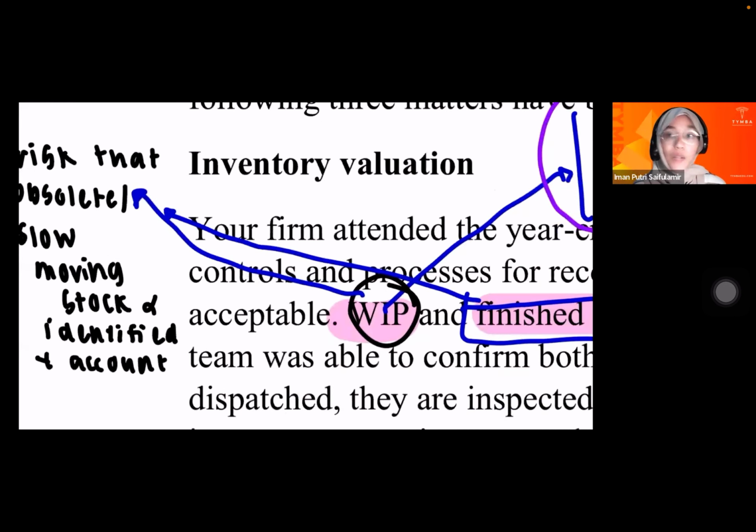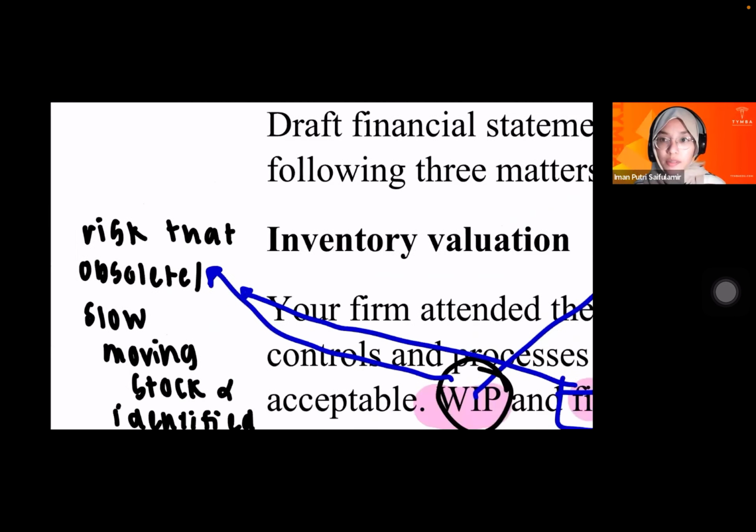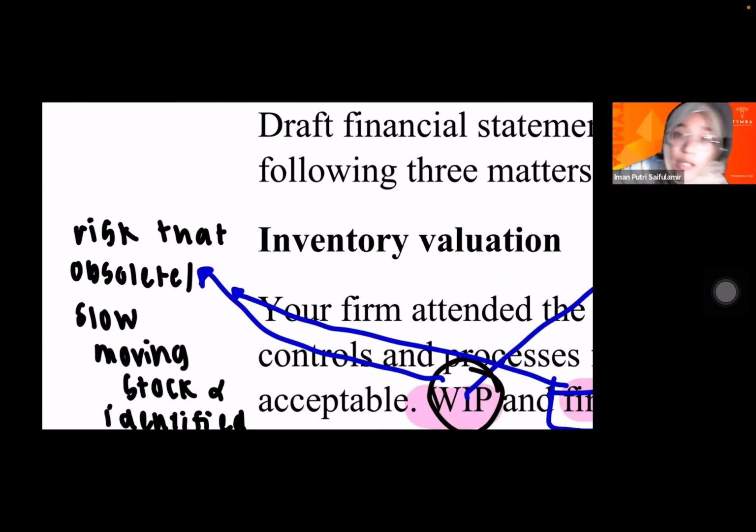So it works similarly to the aged receivables. What will we review, guys? For example, for the receivables, we will review the aged receivables report. Similarly here, we will review the aged inventory report. Yes, thank you, Mimi.